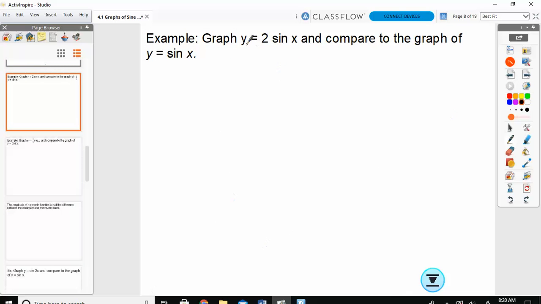Say I asked you to graph y equals 2 sine of x. So what x's did I tell you that we needed to plug in when we do this? 0, pi over 2, pi, 3 pi over 2, 2 pi.